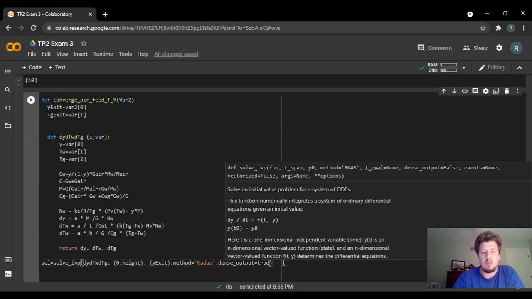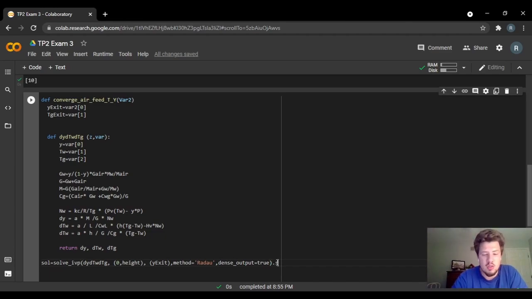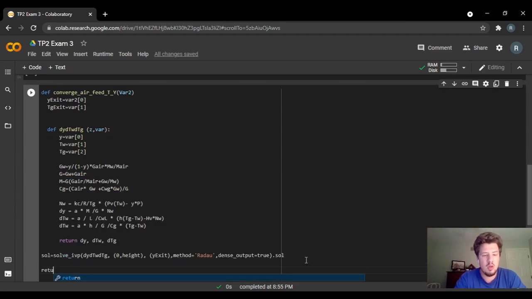And we want to put this within a solve function. So we'll put dot solve, and that will put it in an equation that we can later pull out. And then we want to return these solutions.